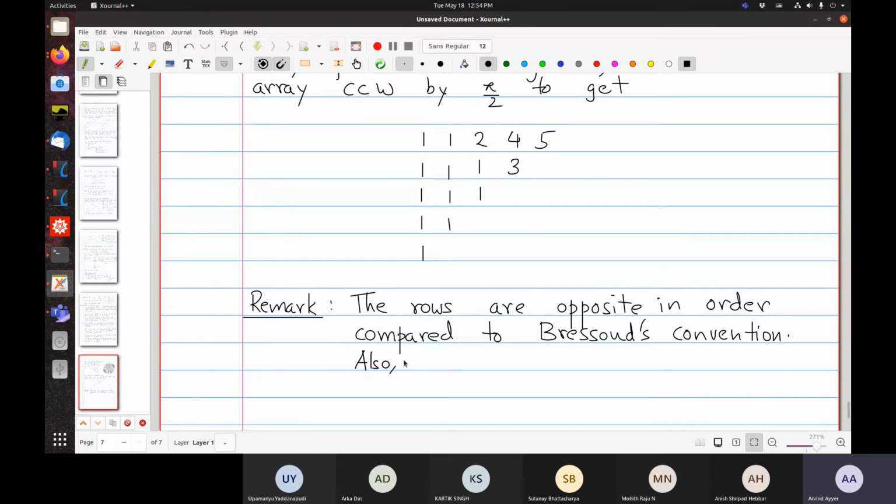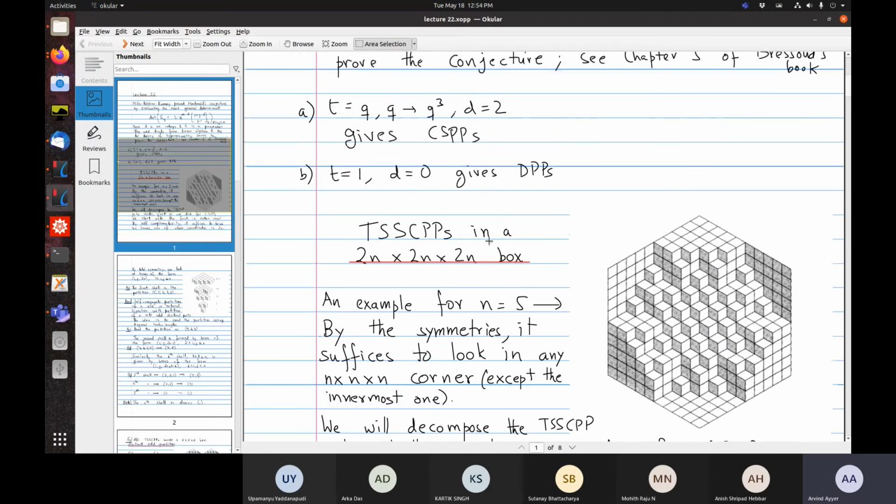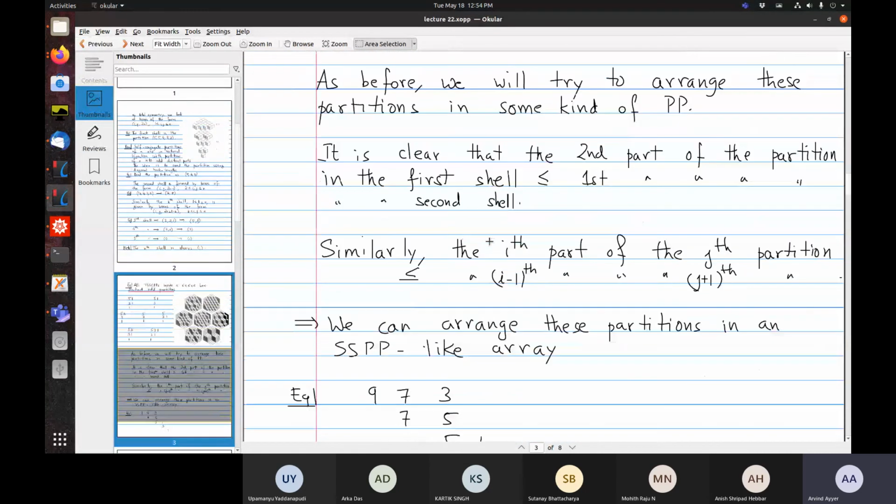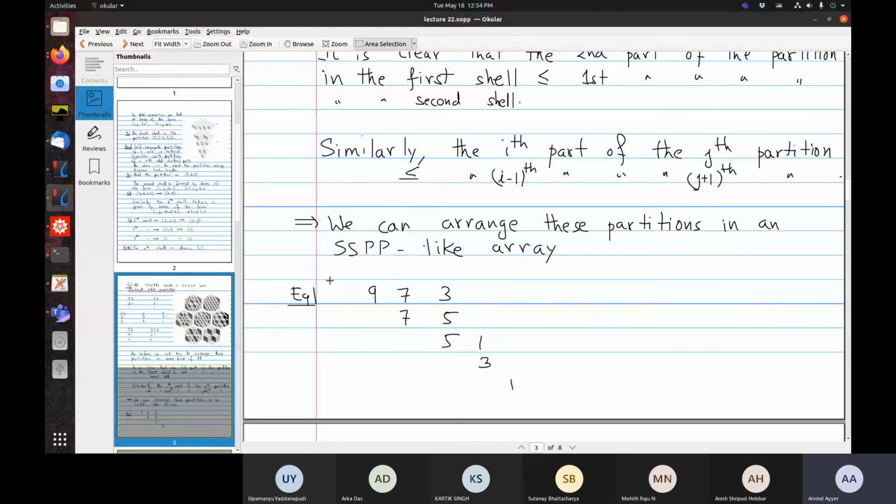Also, he constructs the array in a very different way. What he does is take this shifted plane partition and rearrange it in some way and does some jugglery and gets this.